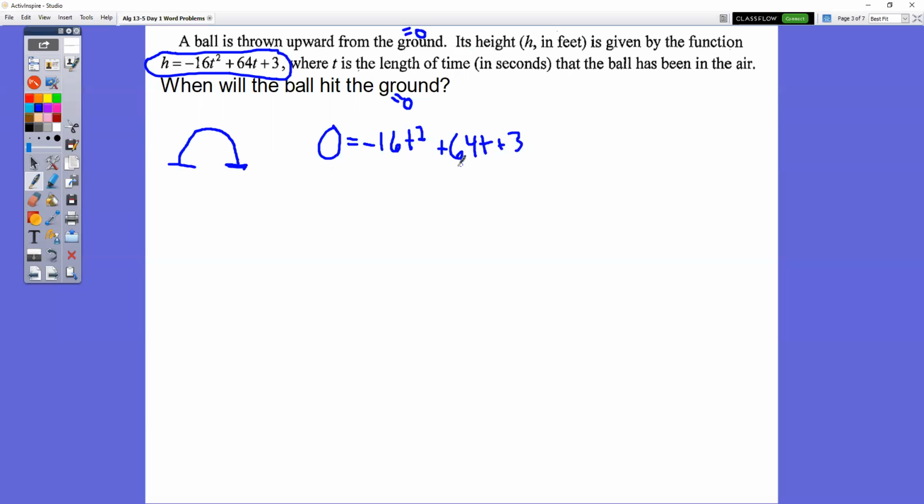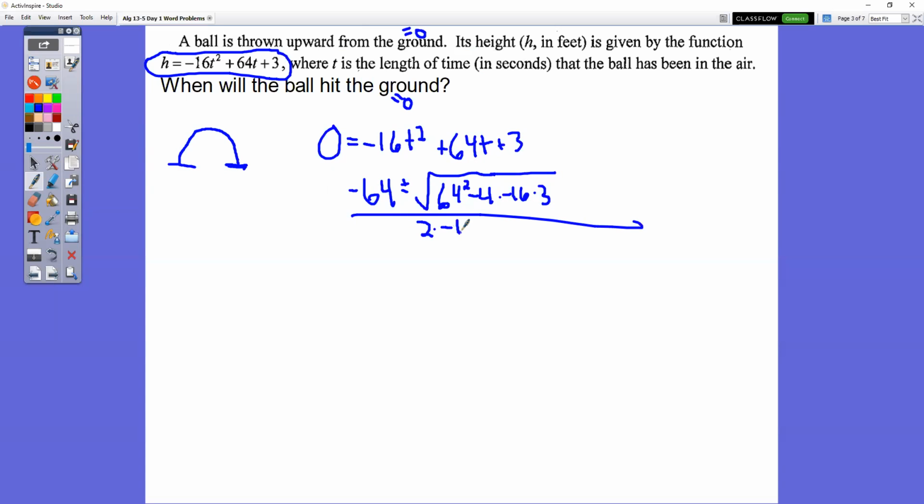And all we want to do is the quadratic formula again. Negative b plus or minus the square root of b squared minus 4 times a times c, all over 2 times a, 2 times negative 16. Type this part into the calculator, 64 squared minus 4 times negative 16 times 3.